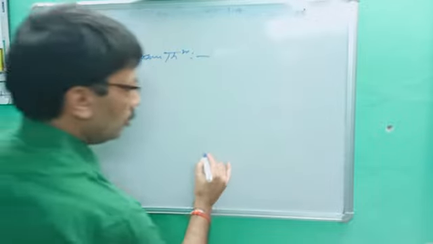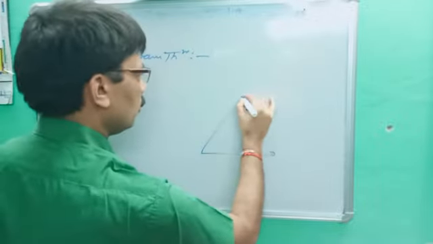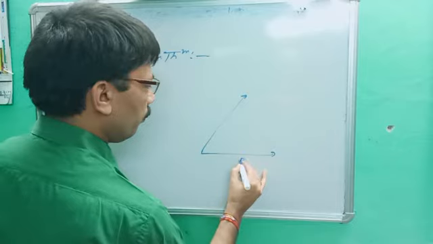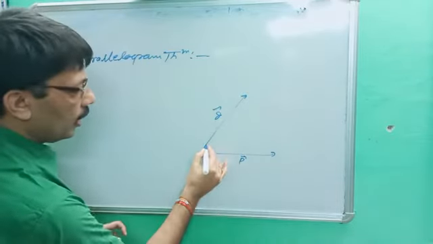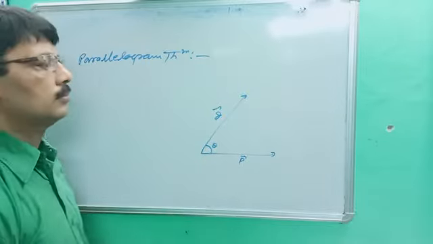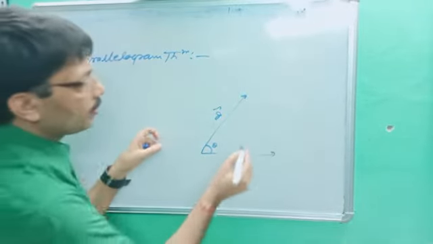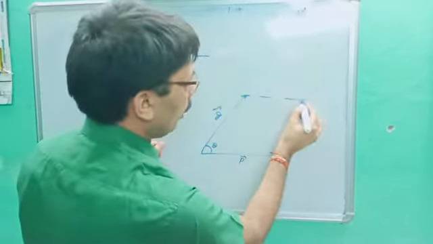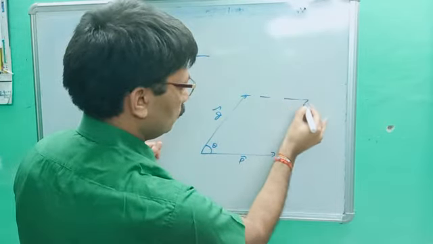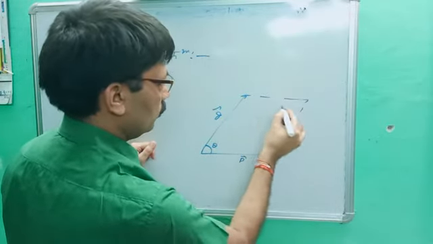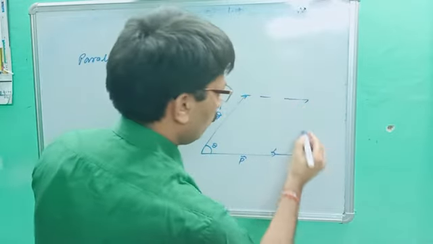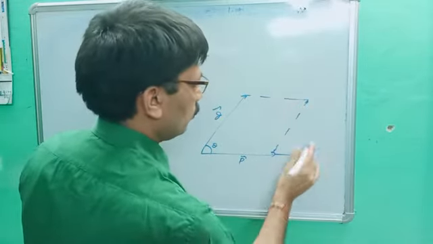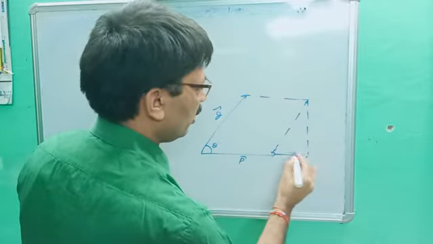Let's suppose two vectors are like this. This is P vector, this is Q vector, and they are at theta angle. Okay? Then we have to solve this. So first you make the parallelogram. It should be 90 degree.